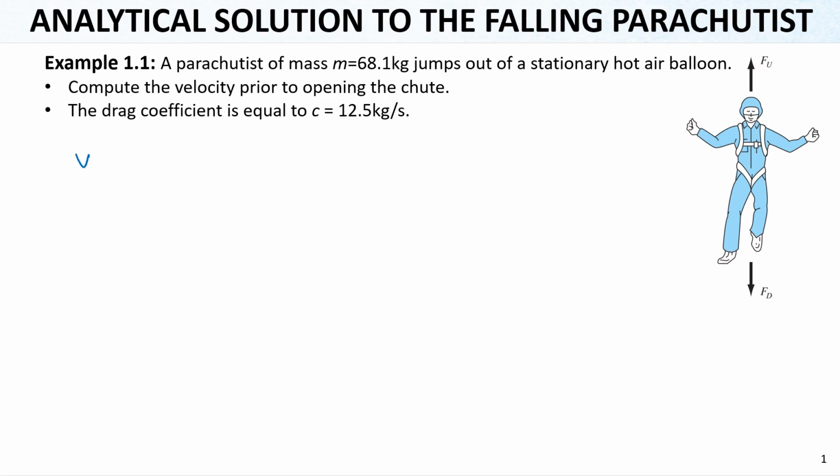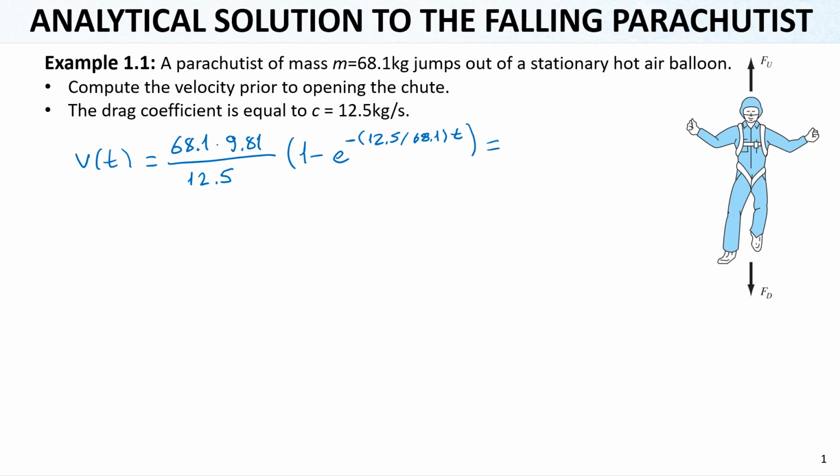So we said that v(t) is equivalent to m times g, where m is 68.1 and g is 9.81, divided by the drag coefficient c, 12.5 kilograms per second, and there was the parenthesis term: 1 minus the exponential of minus c over m, which means minus 12.5 over 68.1, multiplied by t. t is not known now, that's why we keep it as t.